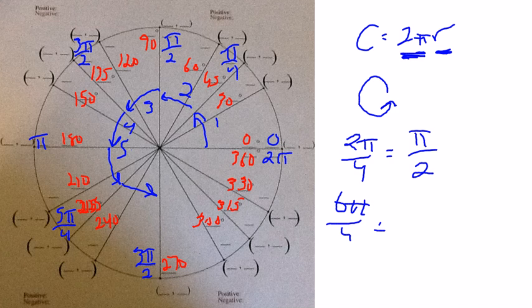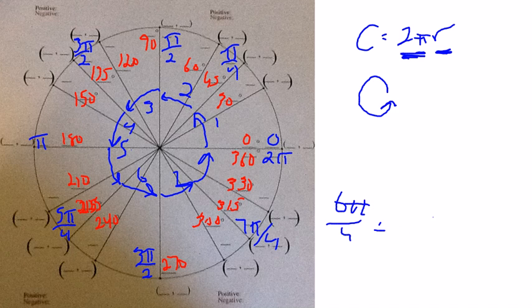Notice both of them are divisible by 2. We get 3 pi over 2, which is what I have down there. It's good. Next one, 7 pi over 4. So this was 6, this is 7. And then the last one, 8 pi over 4, which simplifies to 2 pi. So now I'll get rid of all this, and all this.